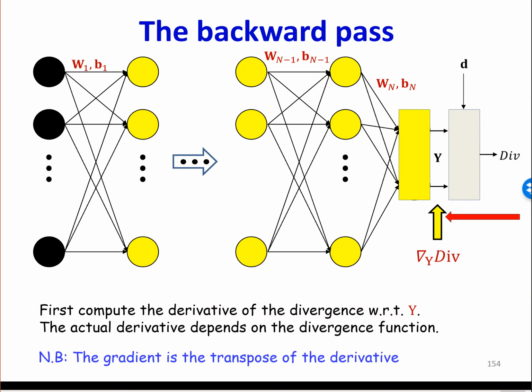The first thing you assume is that you can compute the derivative of the divergence with respect to the output of the network, which may be a vector. So this is going to be a row vector. This is easy. Again, remember the gradient is the transpose of the derivative. Everyone with me so far? This is trivial, nothing new.